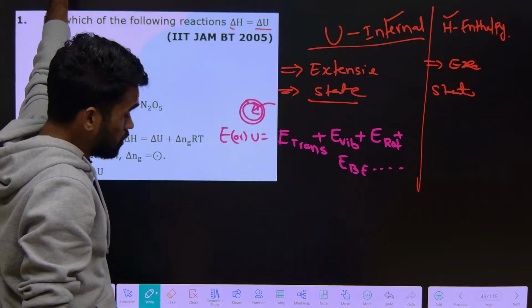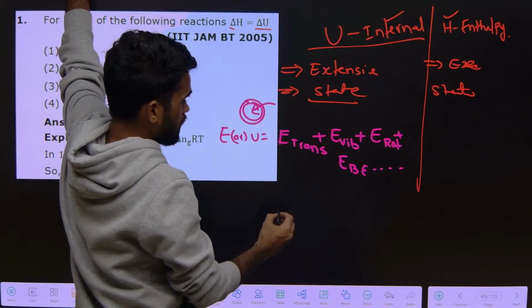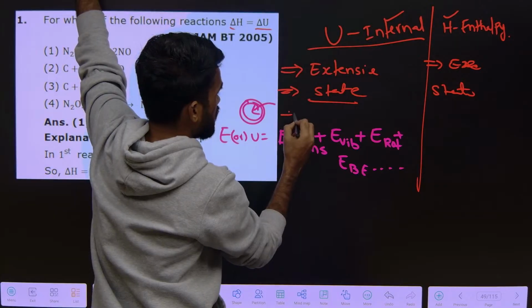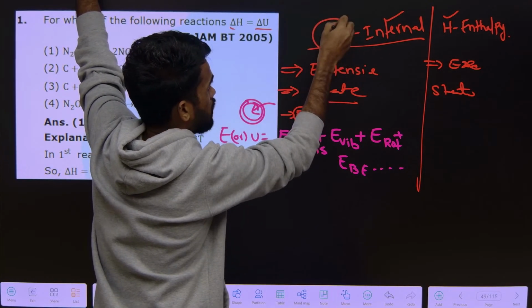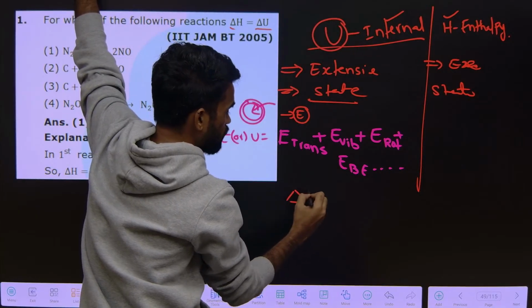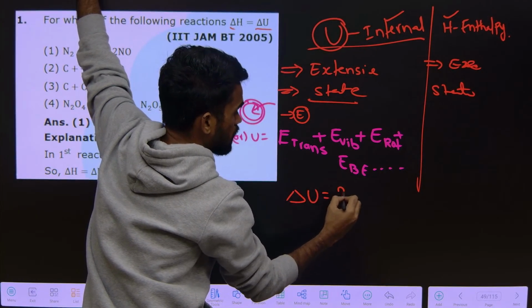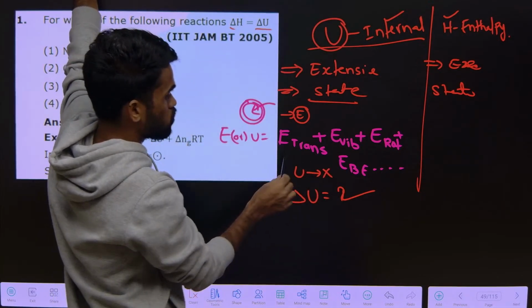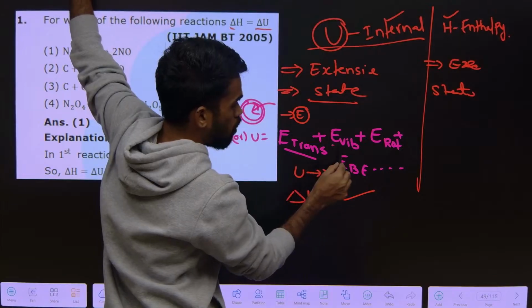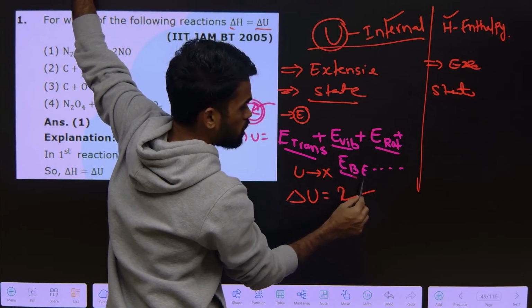Next, for internal energy, the exact E value we cannot calculate. The exact internal energy value cannot be calculated. We only calculate the change in internal energy, not exact values, because it is associated with very small energies, so those values keep changing.